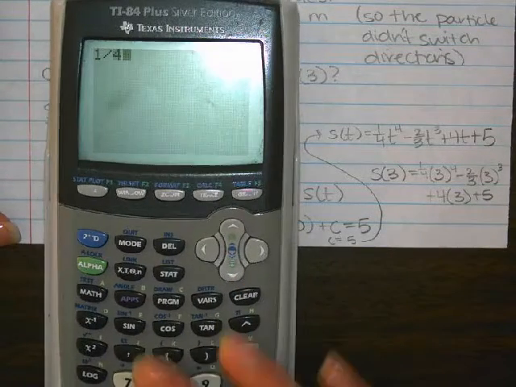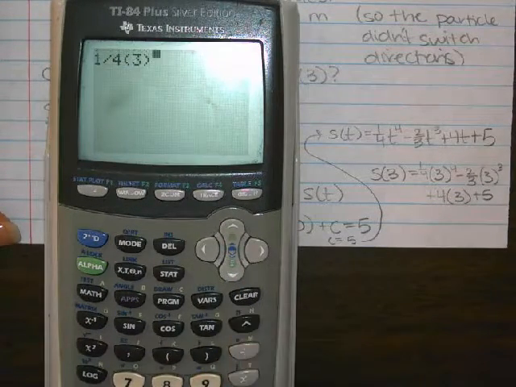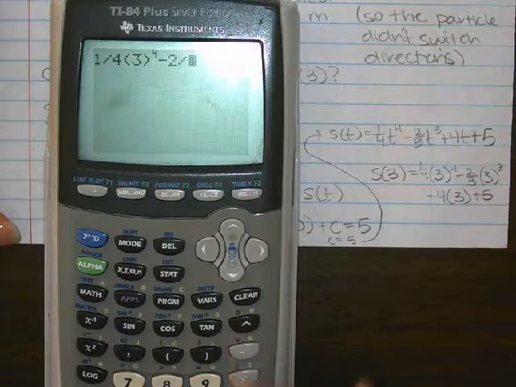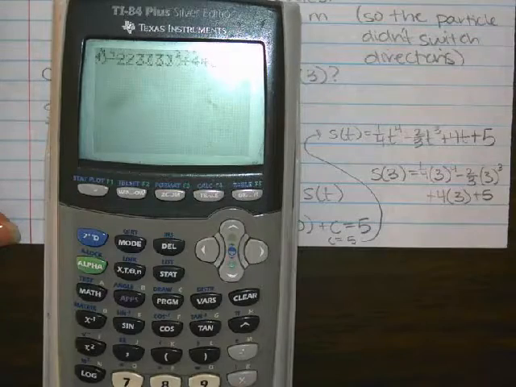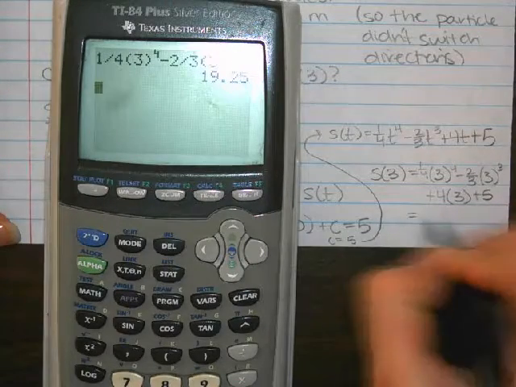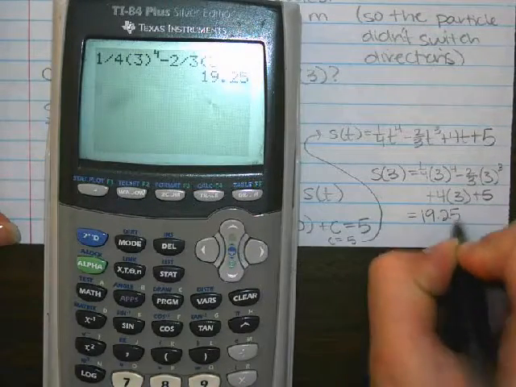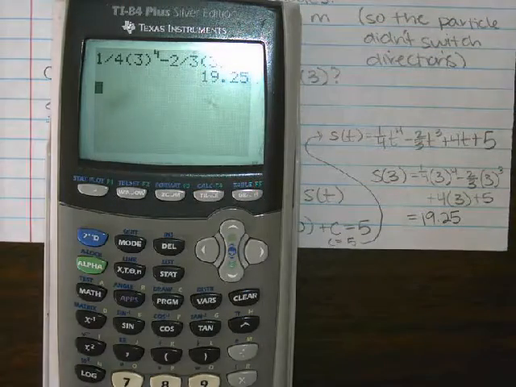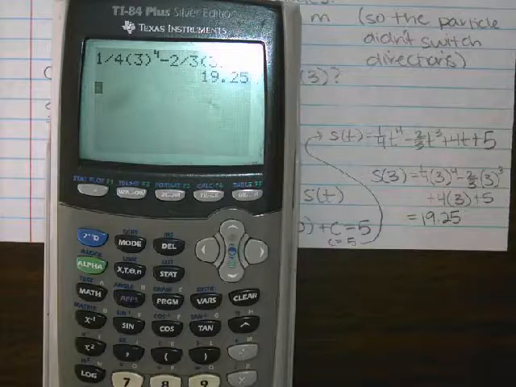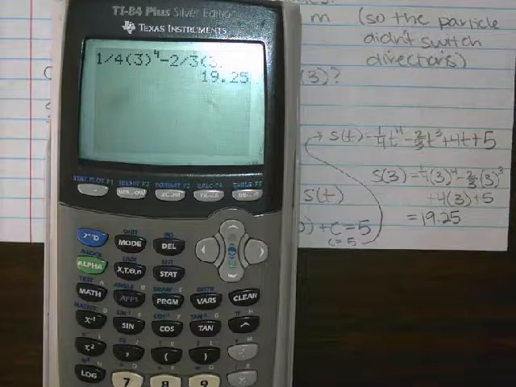So I'm going to use the calculator: this is 19.25. Based off the methods that we have learned in class before, that is how we probably would have completed that problem. Okay, that makes sense?